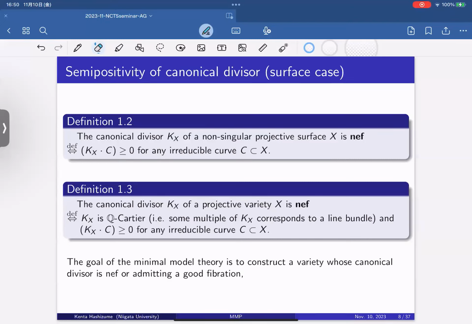Definition 1.3 is a generalization of the nef divisor for higher dimensional varieties. The canonical divisor Kx of a projective variety X is nef if and only if some multiple of Kx is Cartier, and the intersection number is non-negative for every curve.